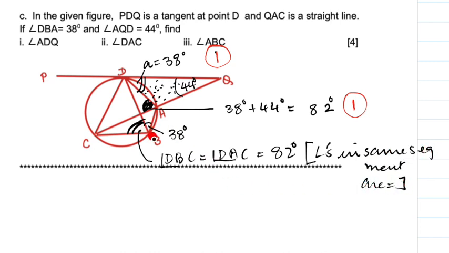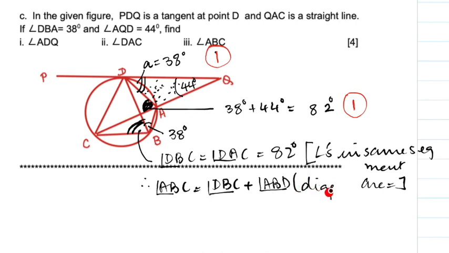Okay, now we want ABC, so therefore angle ABC will be equal to angle DBC plus angle ABD, and that is from the diagram.